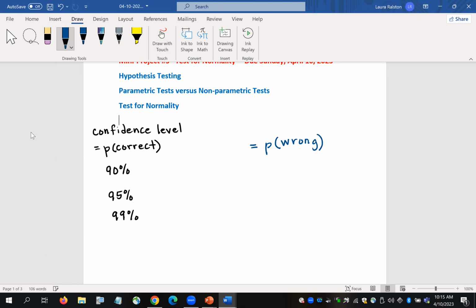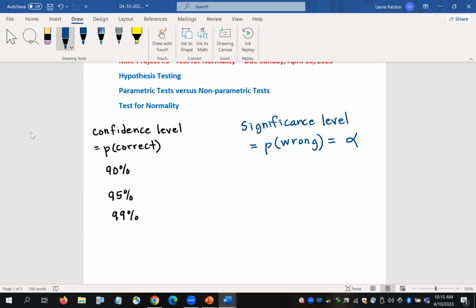The probability that you're wrong is called the significance level, or the level of significance. And it's represented by the Greek letter alpha.